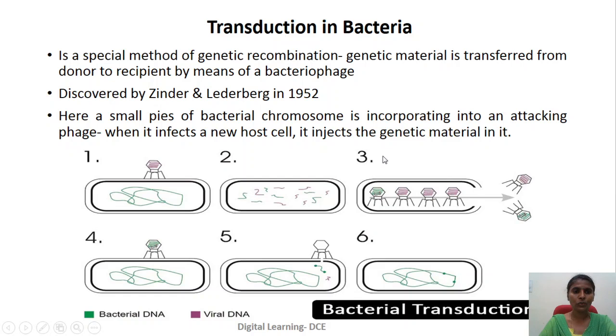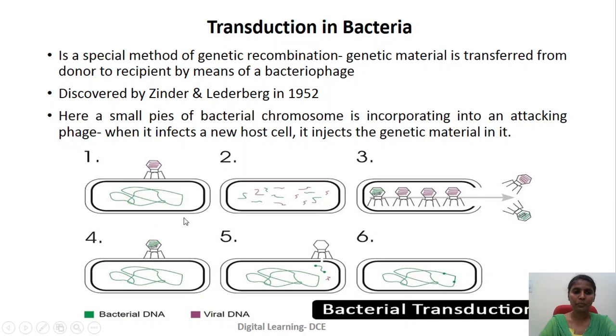Transduction was first discovered by Zinder and Lederberg in 1952. Here, a small piece of bacterial chromosome is incorporated into an attacking phage. When this attacking phage infects the new host cell, it injects the genetic material into the bacteria. So, let us study the steps involved in transduction one by one in detail.